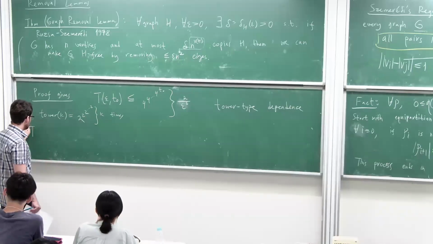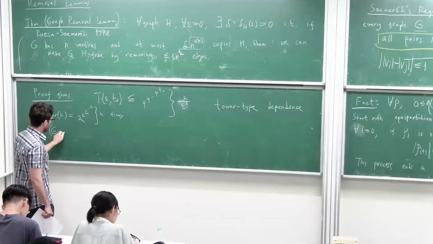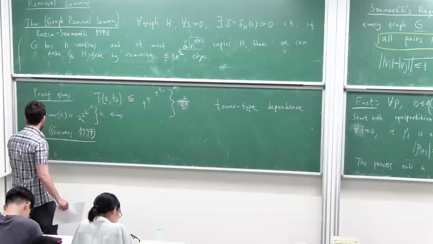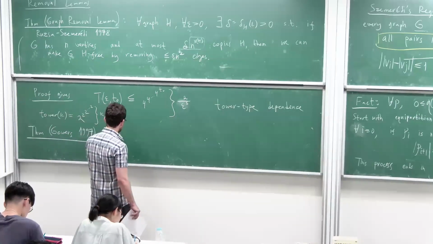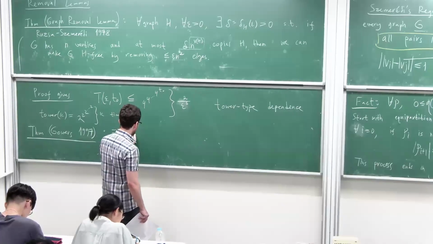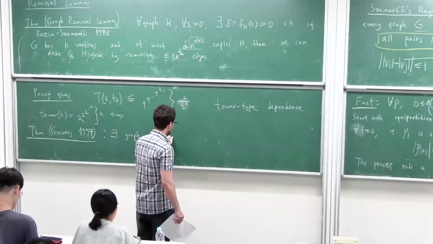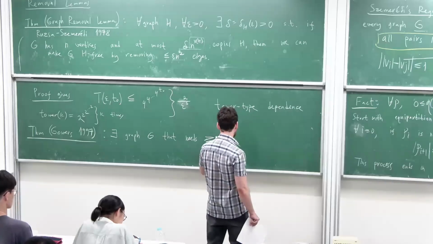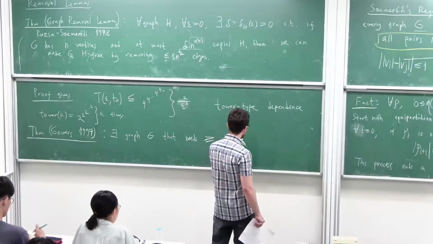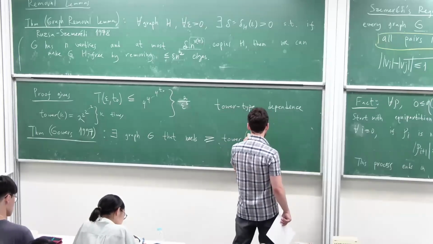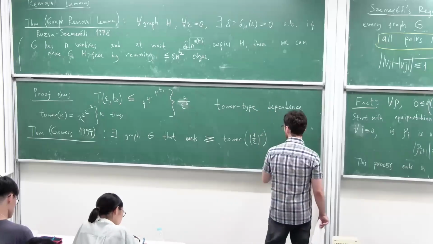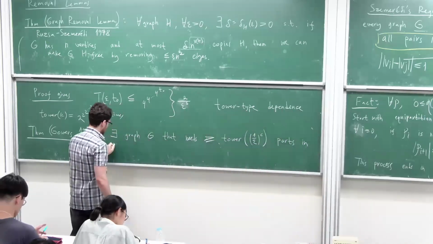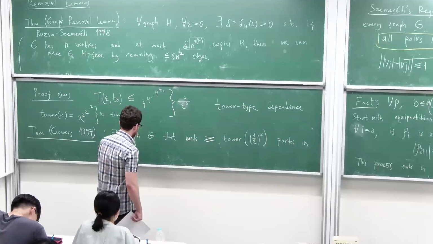So there's a theorem, Gowers, 1997, that there exists a graph that requires a tower of 1 over epsilon to the c parts in any epsilon regular partition.